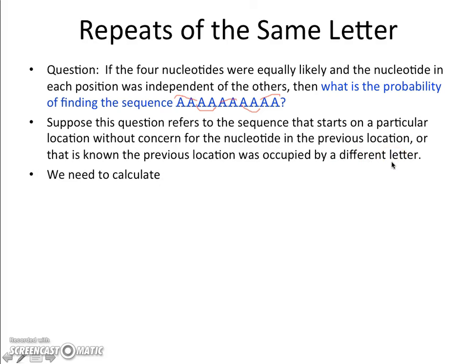So what we need to calculate is P, which denotes probability, and in between parentheses, the probability of having a sequence that has 11 positions, such that the first 10 positions are the same character, with the letter A denoting the base adenine.